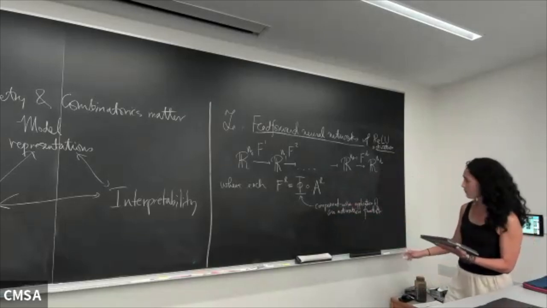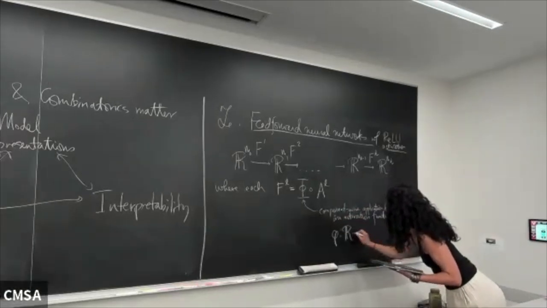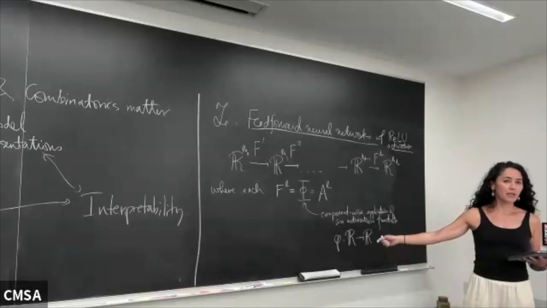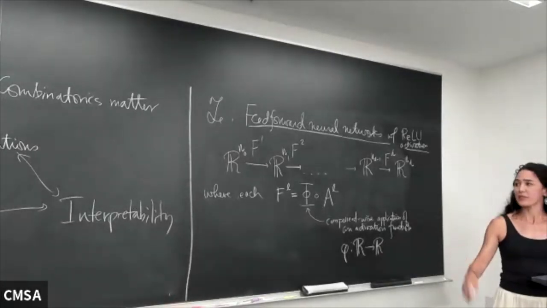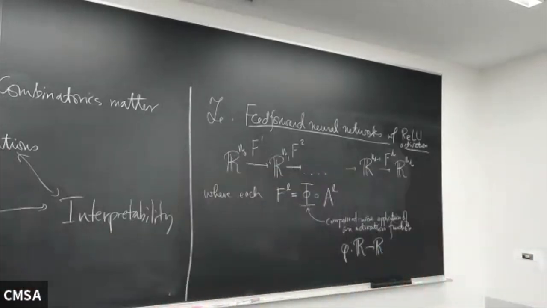An activation function is just a function from R to R. The idea is that this is supposed to model whether or how a neuron fires. So maybe I should actually draw a picture.